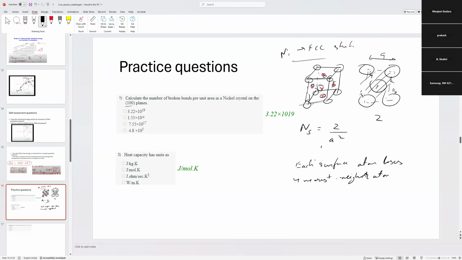Okay. But a bond is shared between two surfaces, so we only count half of it. So the bonds per surface atom is 2.